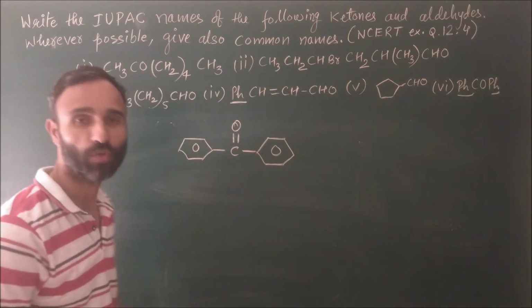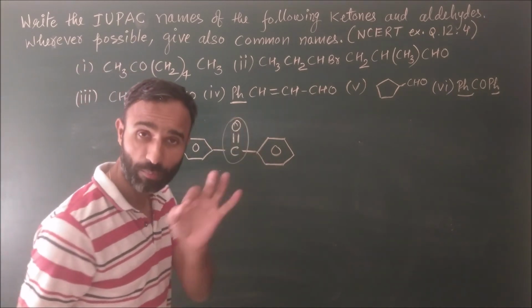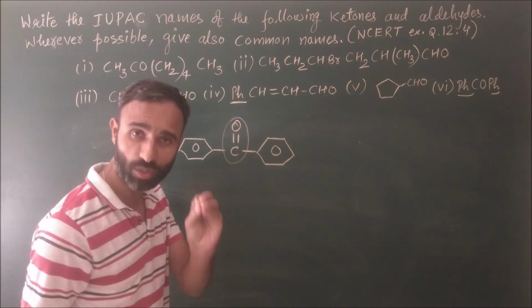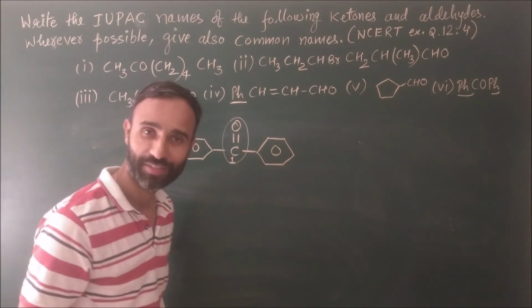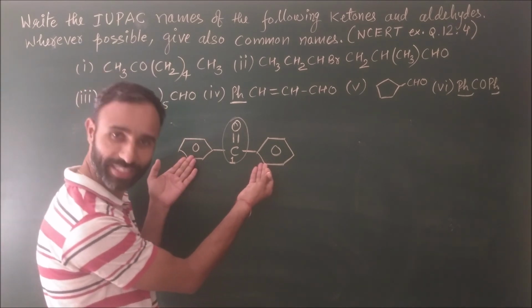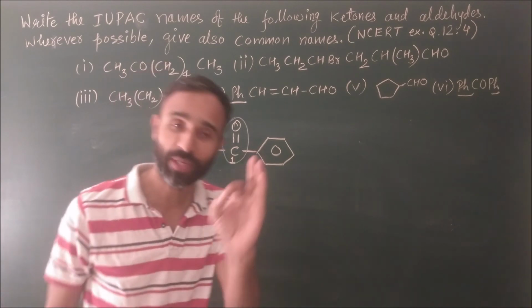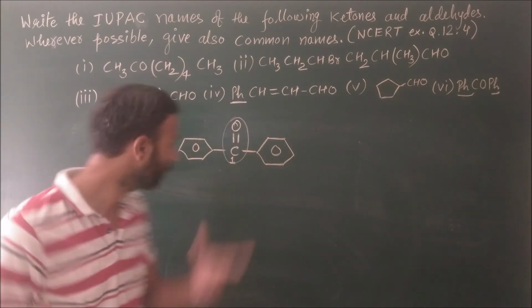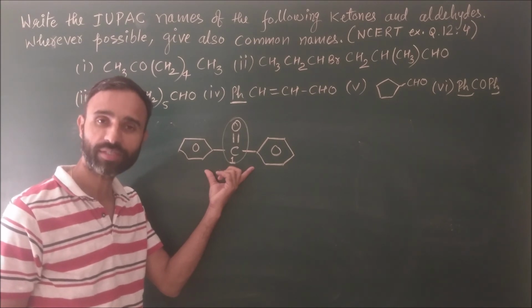Now first its IUPAC name. For the IUPAC name, CO will get the numbering, the functional group will get the lowest number. So the functional group will get number 1. The others are rings. So this is only 1 carbon chain, and these 2 rings, that is phenyl groups, are substituents.